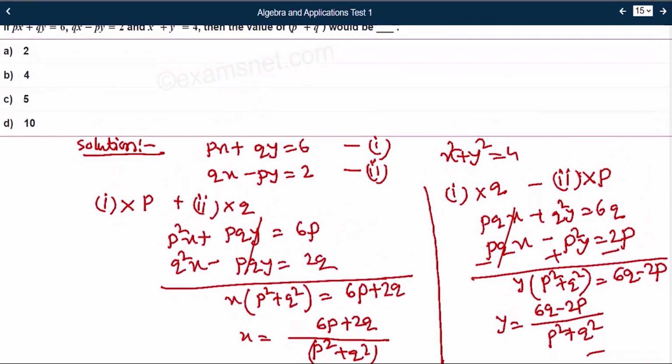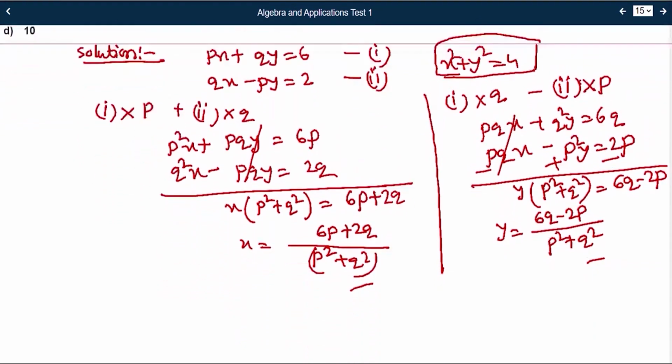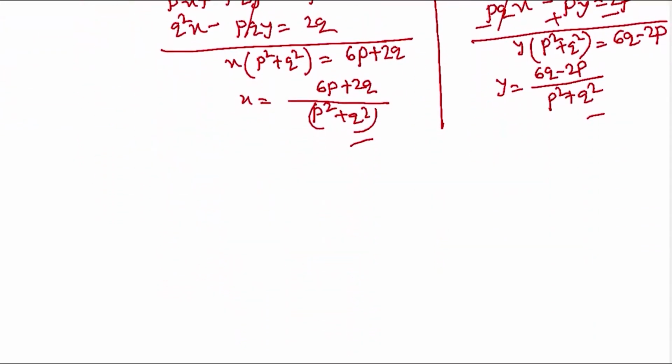Now we are already given another relation between x and y, which is x square plus y square equals 4. So I would like to put these values of x and y in that equation. So x square plus y square equals 4.